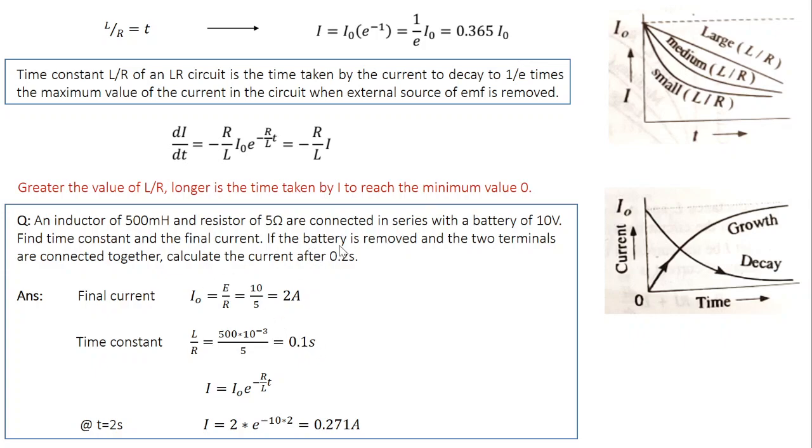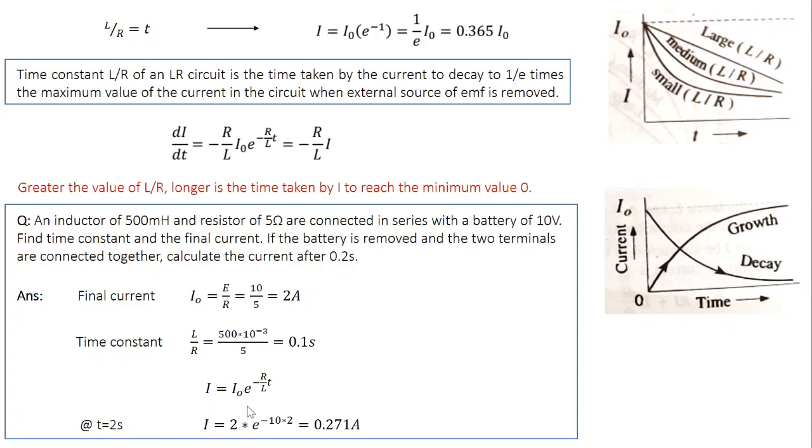Now when you remove the battery, you want to calculate what is the current after 0.2 second. When you remove the battery, current is decreasing, which is governed by the equation I equal to I naught e to the power minus R/L into t. You want to find out current after... sorry, there is a typo here. You want to calculate after 2 seconds. So you substitute for t as 2 seconds.